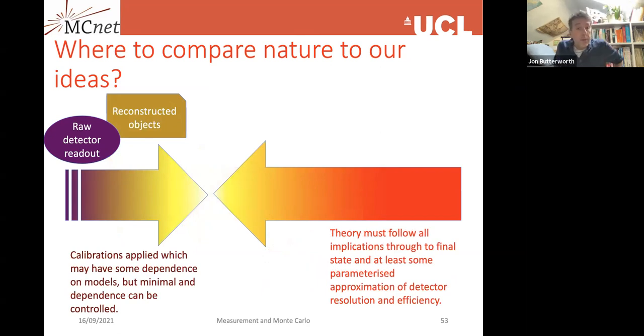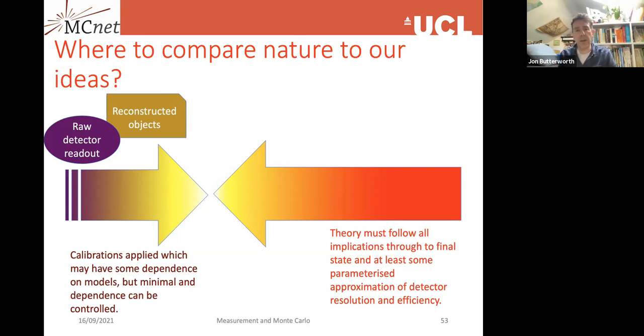You could compare to reconstructed objects. So this is where the experiment will have applied some calibrations, which may have some dependence on models. When we're calibrating, we nearly always use our simulations to interpolate from a test beam to the in situ detector, for instance. But those things can usually be controlled.